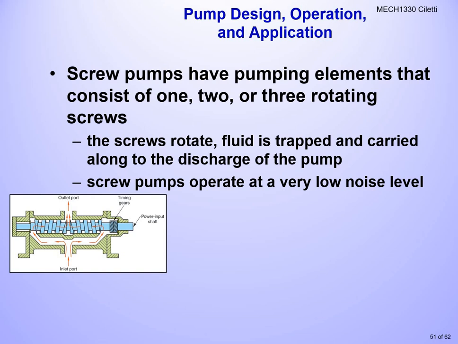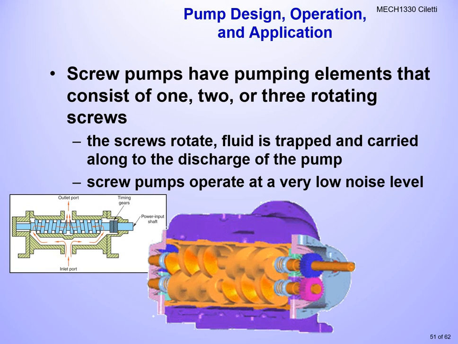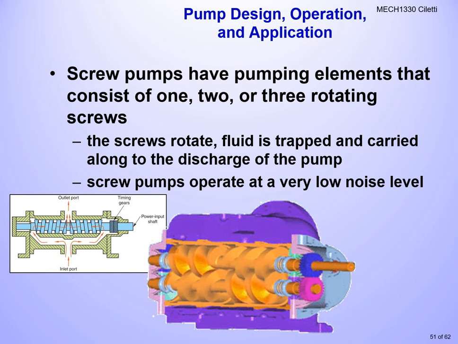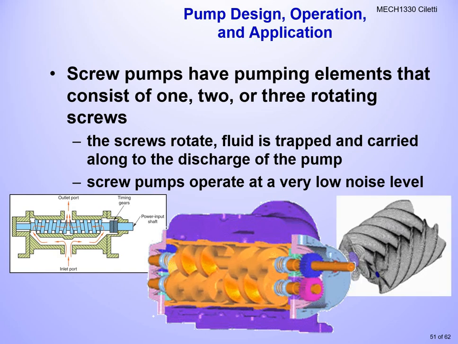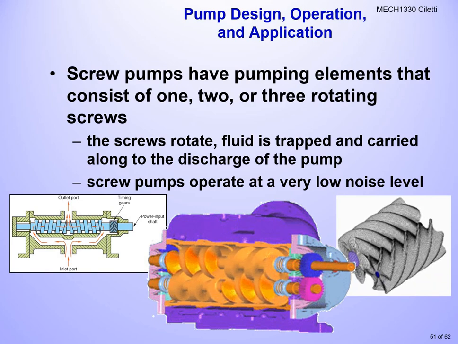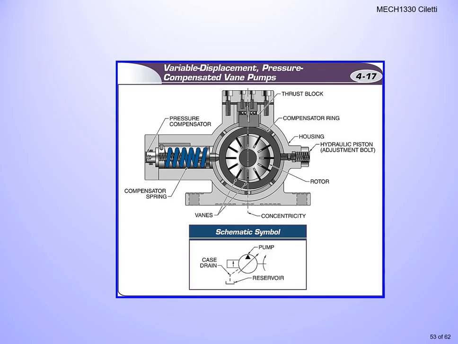Notice that we have the inlet ports down at the bottom, and we use the screws to send it through. It goes through the threads of the screw pump and goes through the outlet. So there's a good animation for you of what a screw pump looks like. Just remember that they're for operating at lower and quieter noise levels.